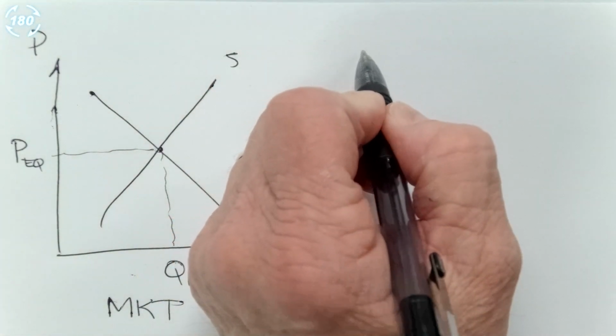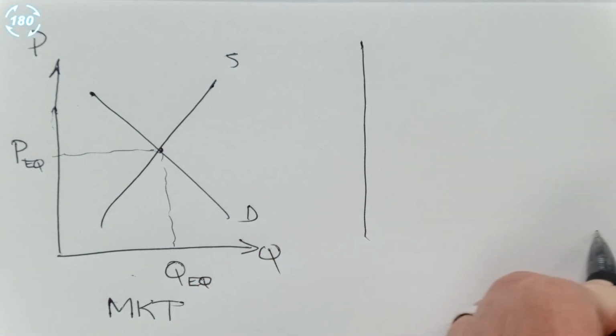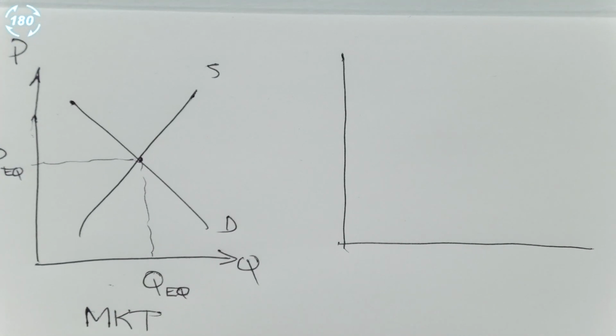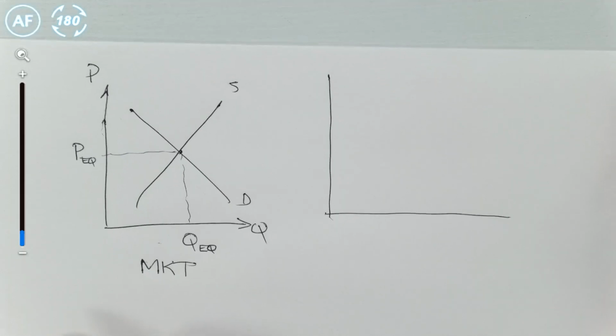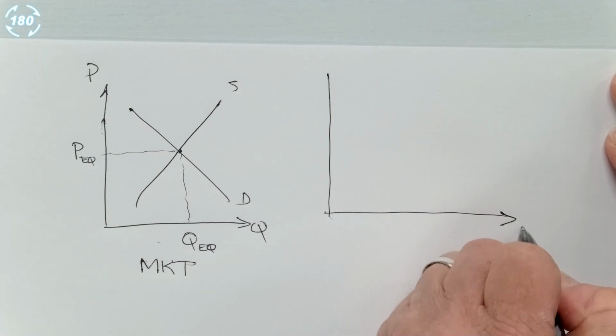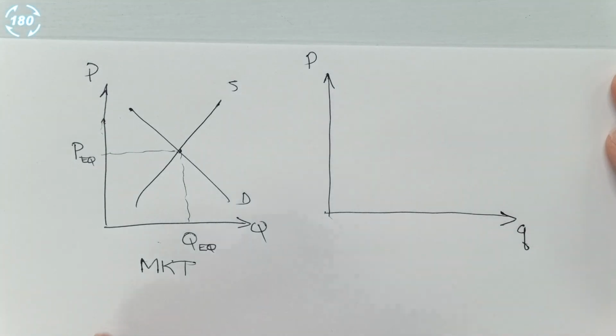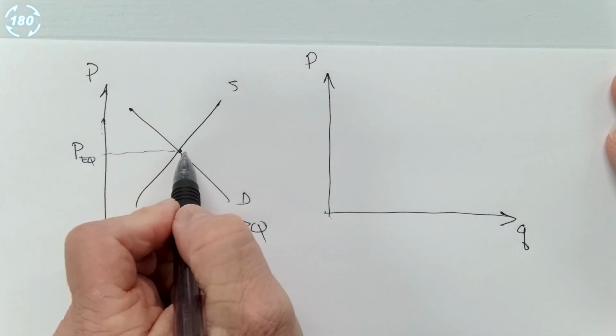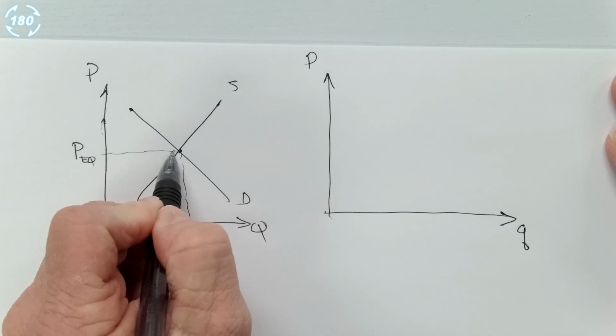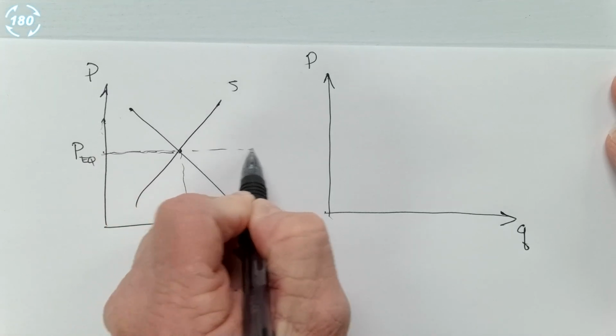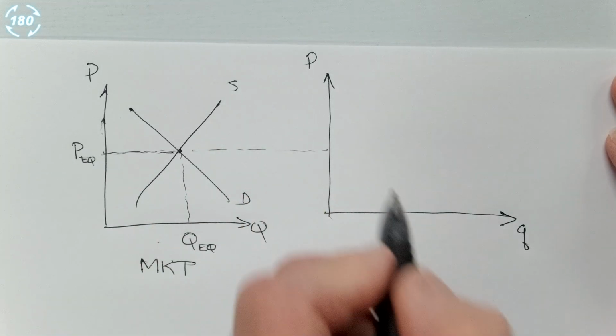And so it turns out then, I can come over here and look at the individual supplier. So I want to use a small q here, price, same price here. And you realize that the individual supplier, maybe the individual wheat farmer, has to accept the price that's set in the marketplace.